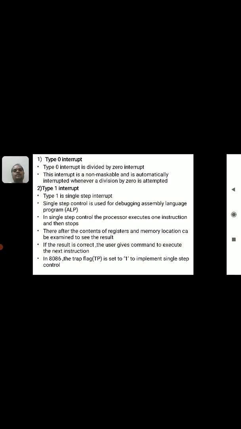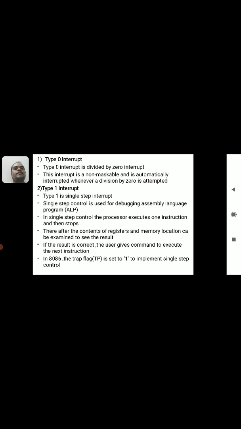The first one is the type 0 interrupt. We know that it is also called the divide by 0 interrupt. This interrupt is non-maskable, and it is automatically invoked whenever a division by 0 is attempted.